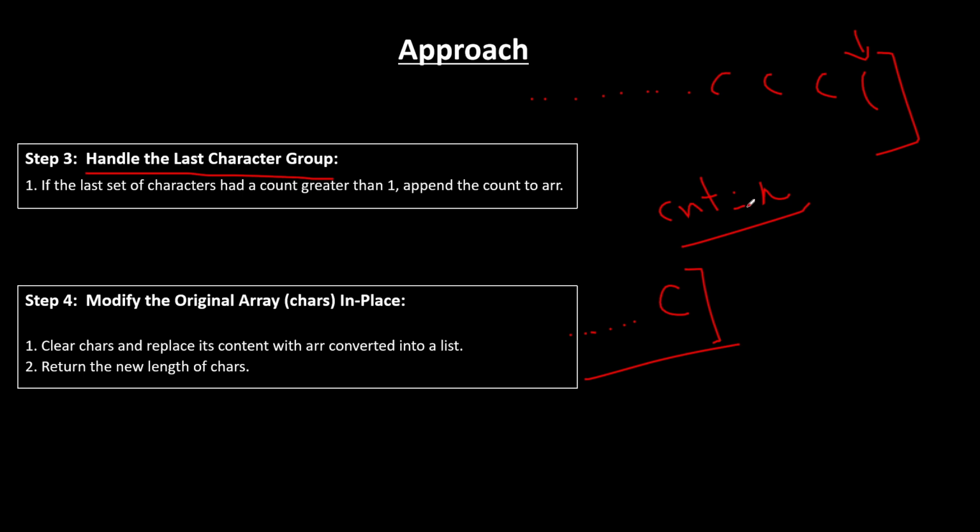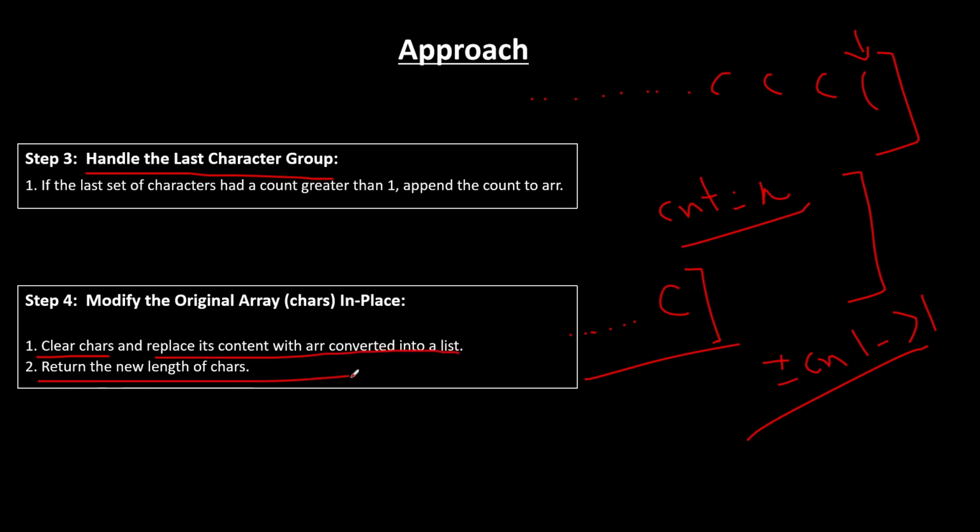To do that, when the loop ends, we will append the count at the end of the string if and only if it is greater than 1. Otherwise, we won't be appending. We will just keep C at the end, and we will clear the cached array and replace its content with an array converted from the string.